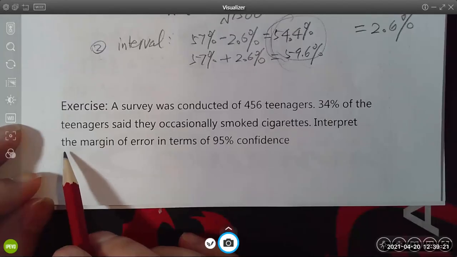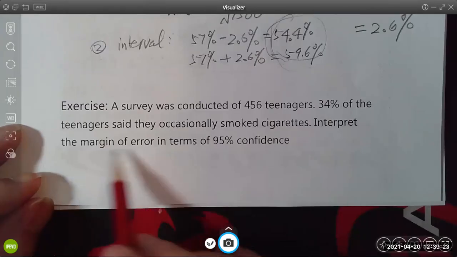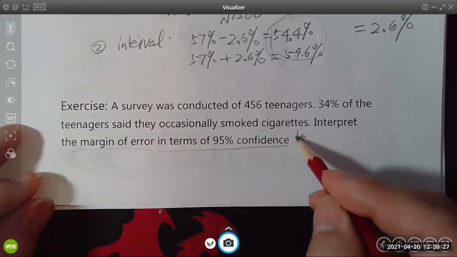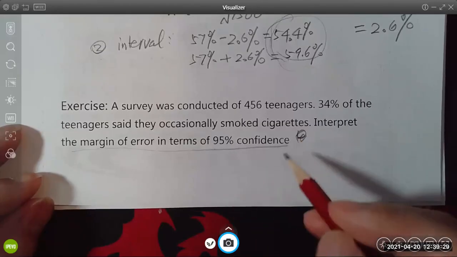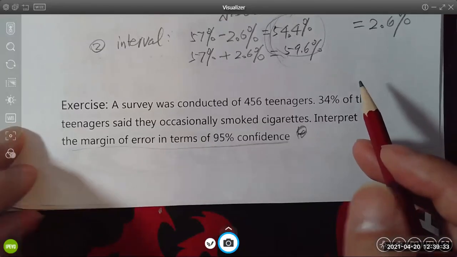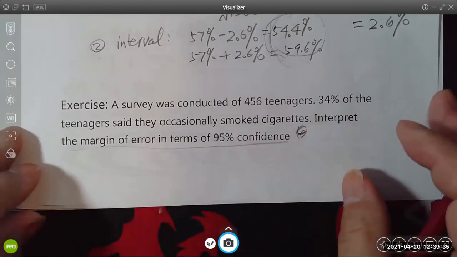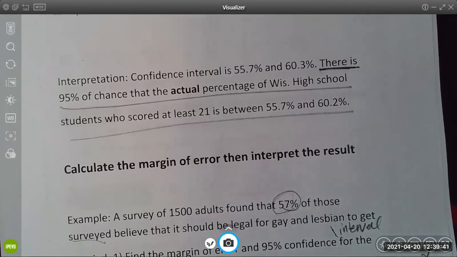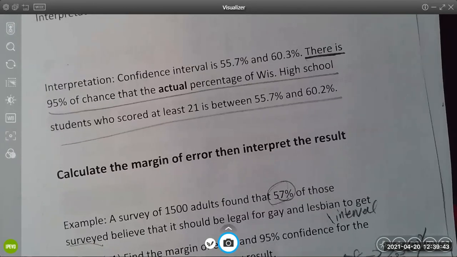Interpret the margin of error in terms of 95% confidence level. They don't have to say level; 95% confidence is the 95% confidence level. So again, we need to interpret that. So we need to calculate the margin of error and the confidence interval at the 95% confidence level.